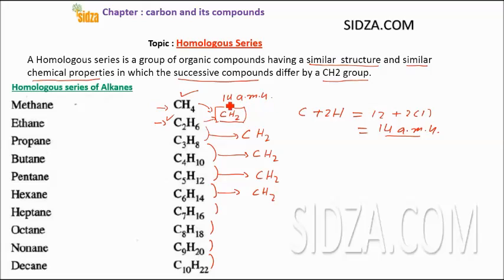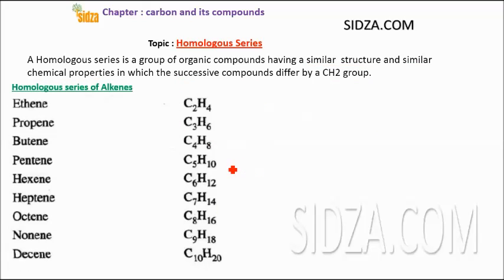14 AMU, correct? Now let's have a look at the homologous series of the alkene family, alkenes, okay. Again, the first member here is C2H4, the second one is C3H6. So the two members differ by one carbon and two hydrogen atoms. Here again C3 and C4, a difference of one carbon, two hydrogens.